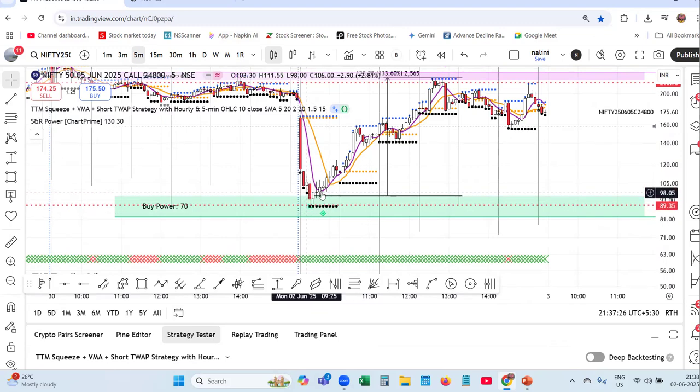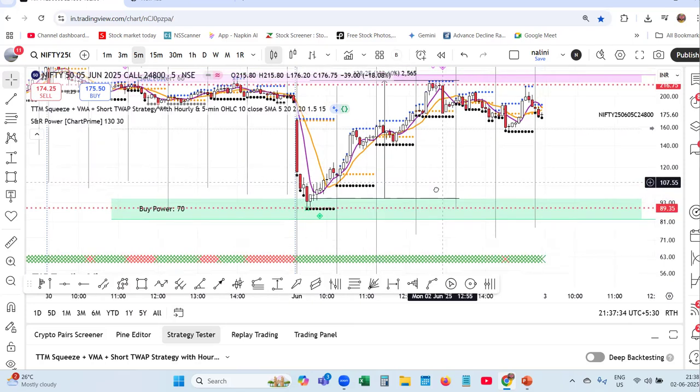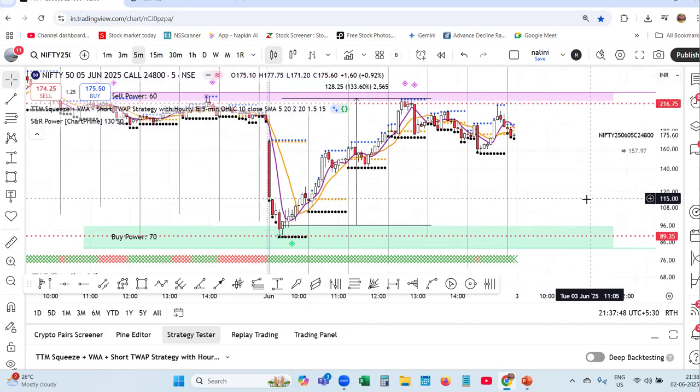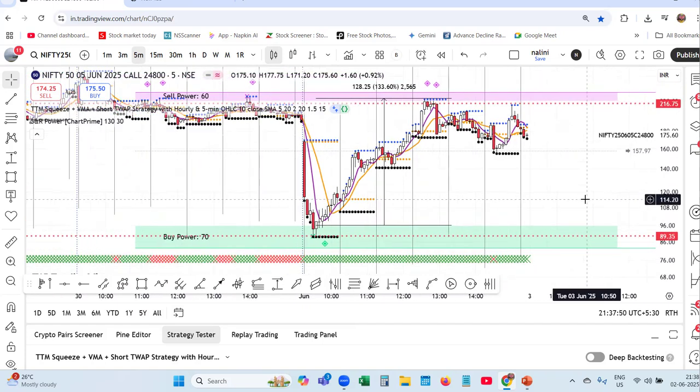If you are an aggressive trader, you can enter over here, keeping the stop loss of 89. You will not get disturbed even if it comes to 104, because your entry is around 94 or 90 or anywhere in between, because precise entry is not possible.